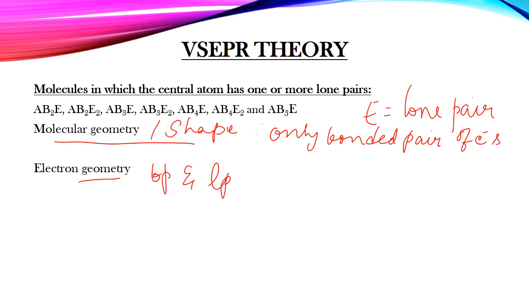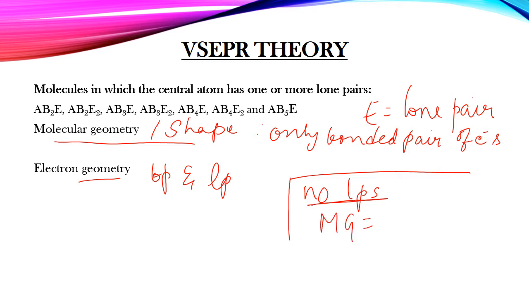Now one thing we need to remember here is the category of molecules in which there are no lone pairs. If you have molecules with no lone pairs, then molecular geometry and electron geometry will be the same.